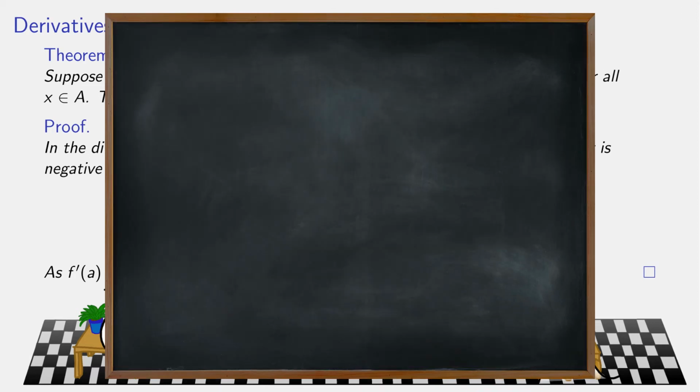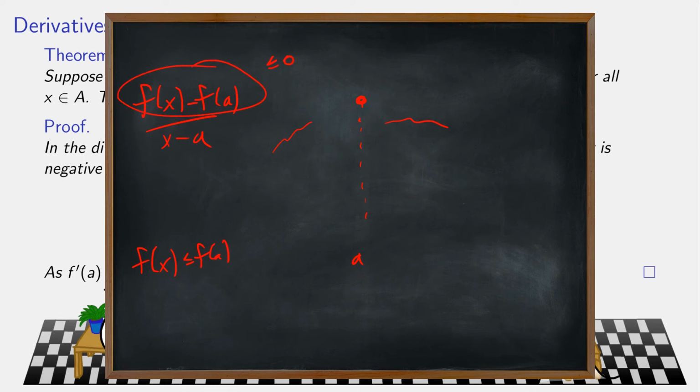The picture brings this together pretty quickly. Okay, so I have a function that's doing who knows what, but at x equals a, it achieves a value, and everything that happens on either side doesn't exceed that value. So when I take the difference quotient f of x minus f of a over x minus a, f of x is always less than or equal to f of a, so this numerator is less than or equal to 0.